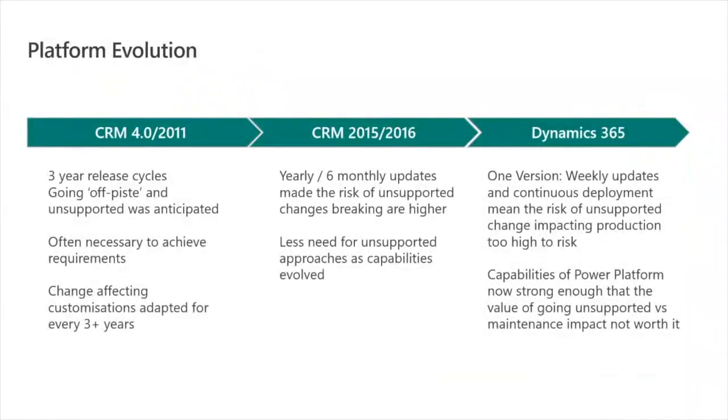Again, I just quickly want to touch upon this, but I do expect that everyone is aware of this. In terms of the way we do the releases, when we were in the CRM 4.0, 2011, or even after that, we were essentially running on-prem software hosted on bare metal servers and updating that in a very on-premises kind of way, where we would release a huge patch or an update twice a year that we would expect you to install.